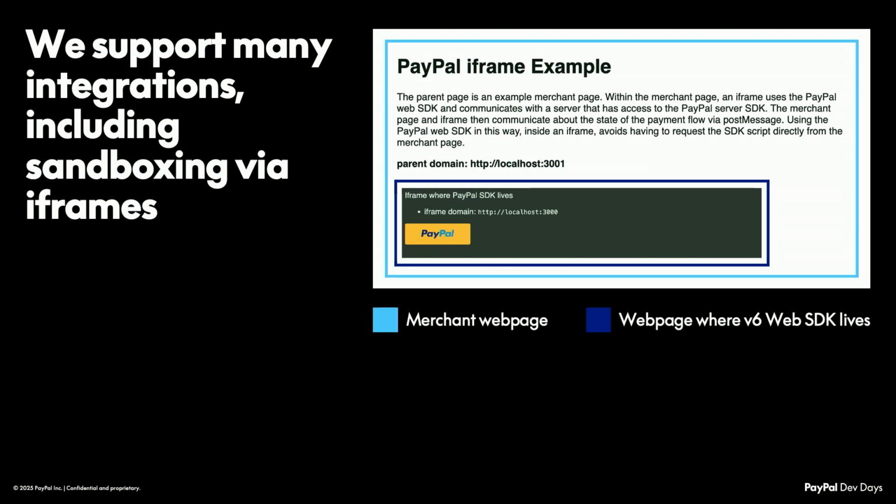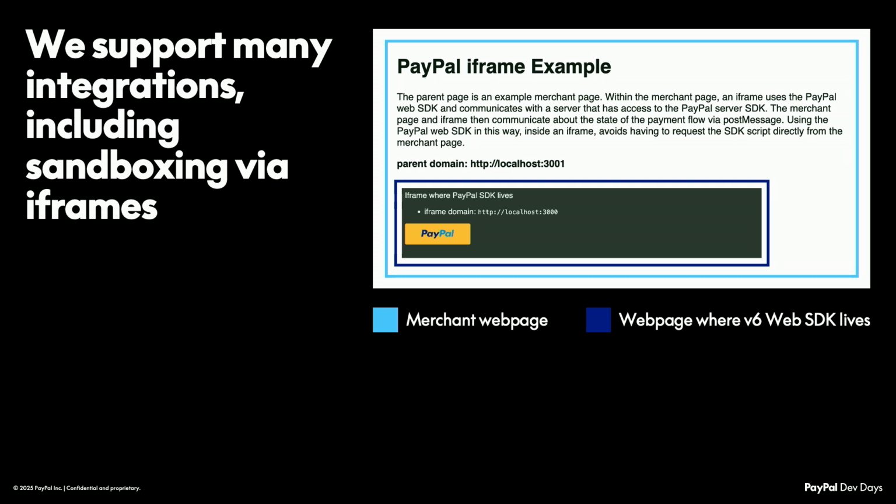Finally, we give flexibility and support different integrations that include wrapping our SDK in an iframe. So we talked about how we don't have an iframe anymore, but now you can bring your own iframe. So if you work at a company with an InfoSec team that has very strict rules on third-party JavaScript, you can now isolate our SDK in an iframe and have it function properly on your merchant web page.